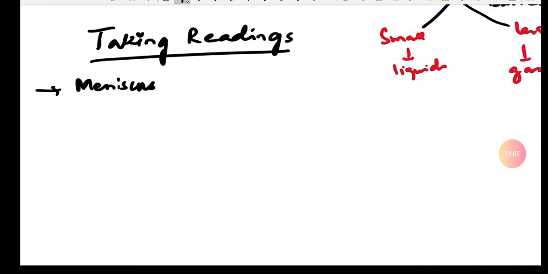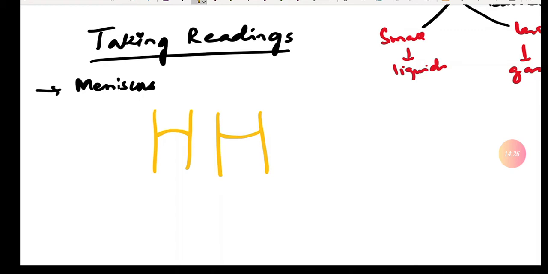Meniscus is actually the level of a liquid. You might have seen that some liquids bend outwards, and for some liquids, as you have seen in the readings, they bend downwards.